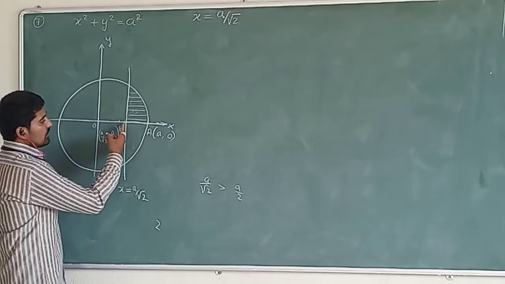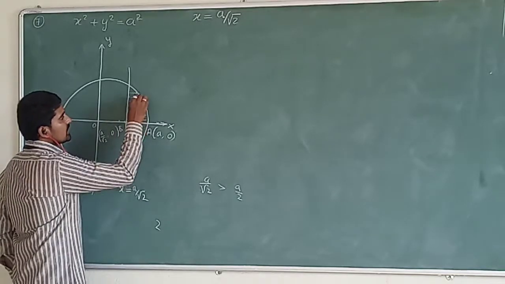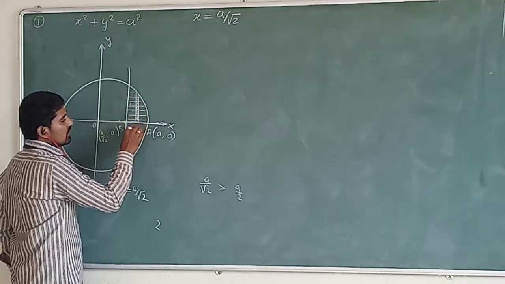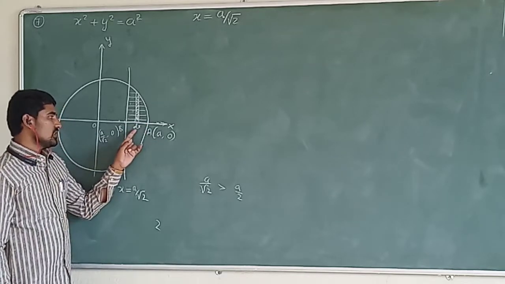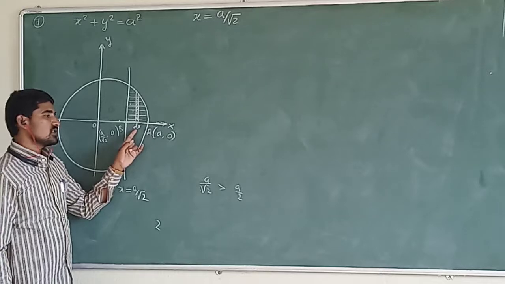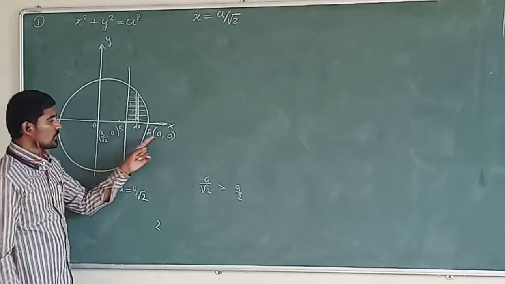So here we can take a vertical strip of width dx, and when we integrate with respect to x, we must know the limits of x. x is varying from a/√2 to a.